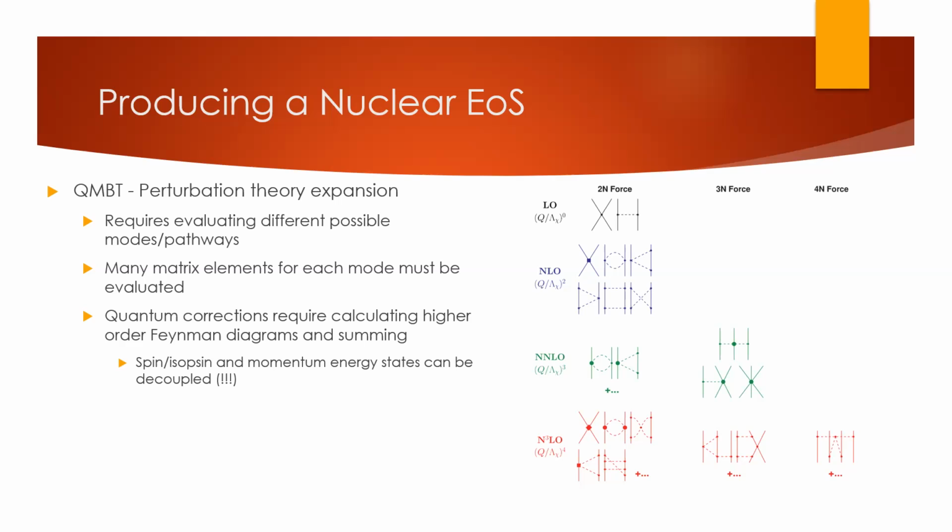So evaluating different possible modes or pathways of those interactions. The figure on the right here just shows the most general examples of how those interactions might look. Dotted lines are exchanged particles, and the vertical lines are actual nucleons involved.